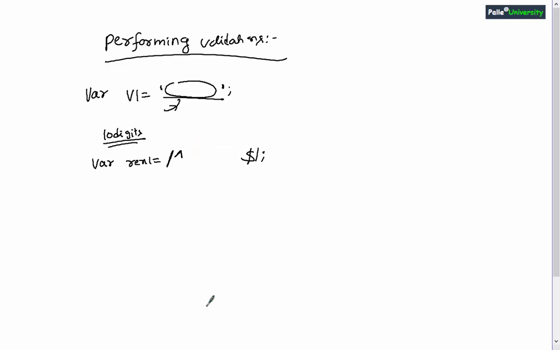Now, you tell me what regular expression you will be writing between ^ and $ to check whether this v1 variable's data is present in 10 digits format or not. Or in simple words, I want to write a regular expression which can check whether some variable's content is present in 10 digits format or not.